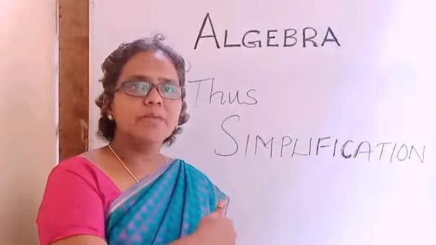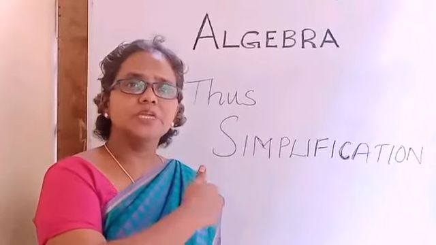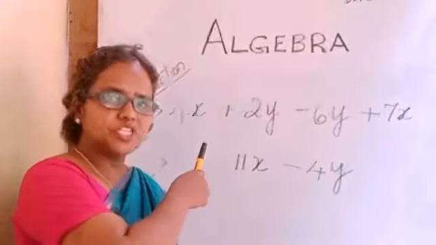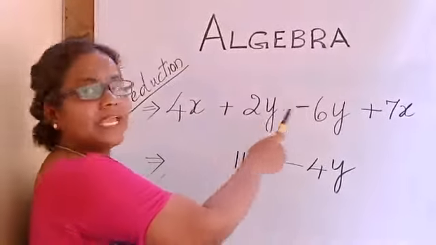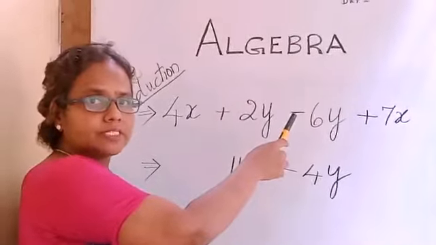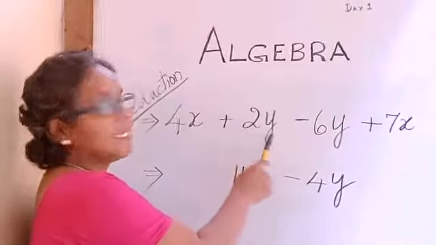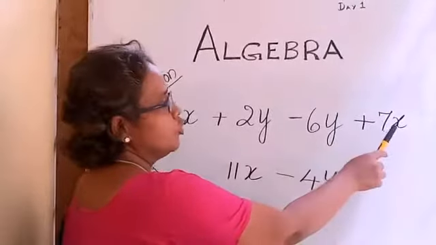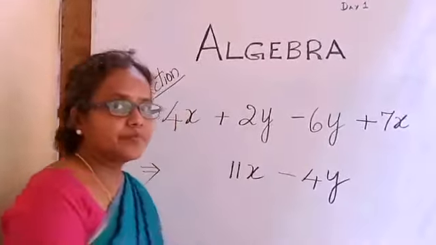Next, I will show you some examples of how an algebraic expression can be reduced. Now look at this algebraic expression. This algebraic expression involves four terms. The first term is 4x, the second term is 2y, the third term is minus 6y, the fourth term is plus 7x.